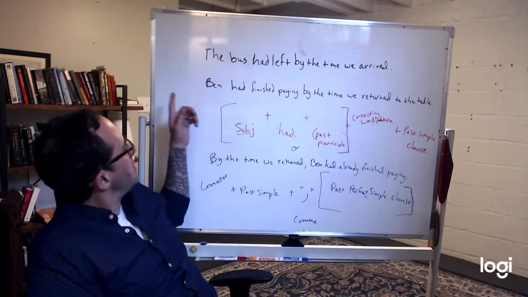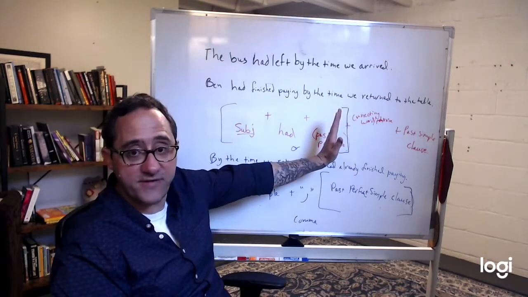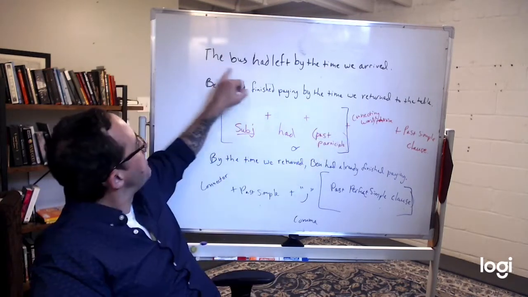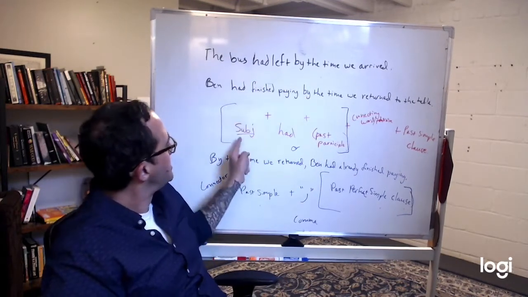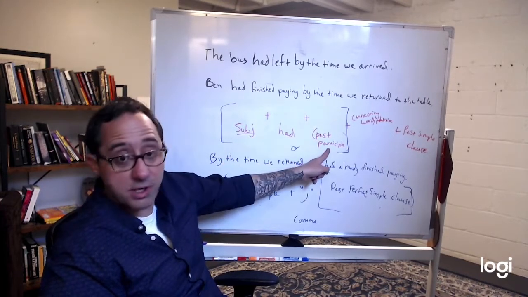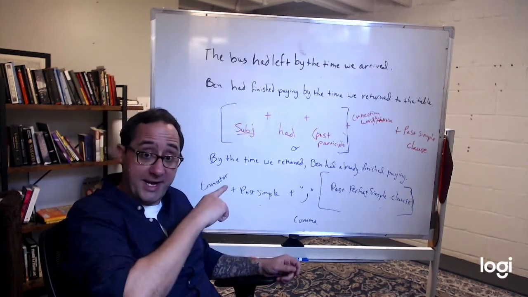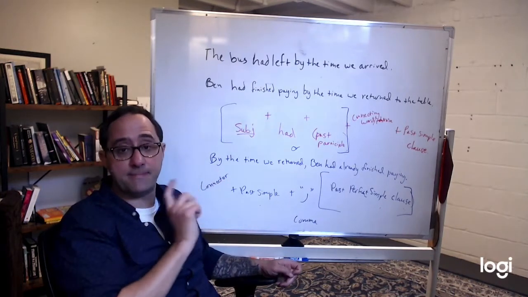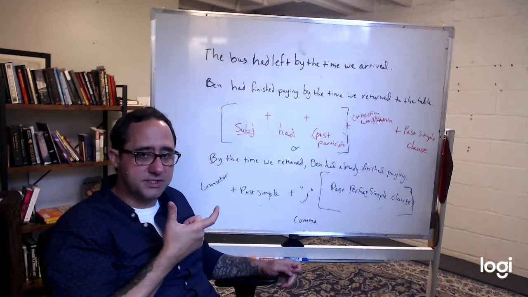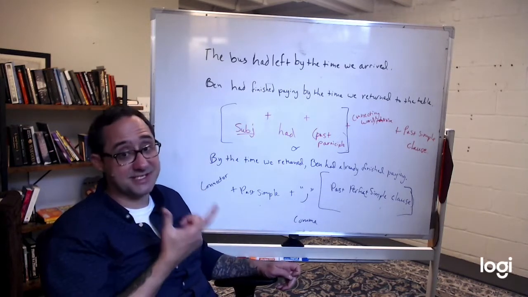Okay, so how does this work? First, we have a past perfect simple clause. The bus had left. Subject, the bus, had, past participle left. If you don't know what a past participle is, look at our past video that is about past participles. A lot of times they are just like the past tense, but sometimes they're not.